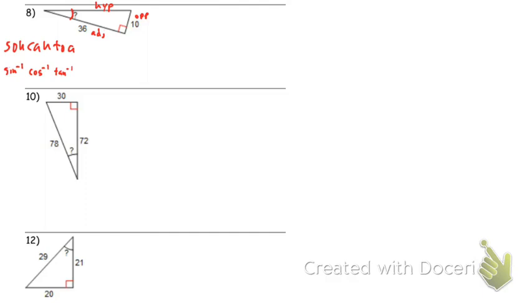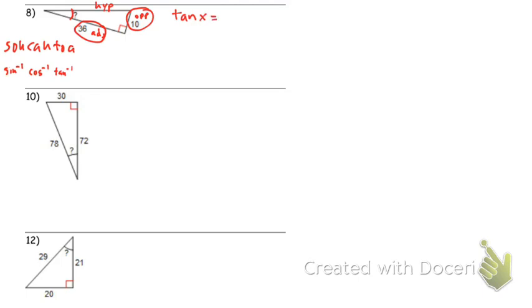Now I'm going to circle two sides that actually have measures because those are the ones I want to use. So I want opposite and adjacent. Opposite and adjacent is tangent, TOA. So we're going to use tangent.